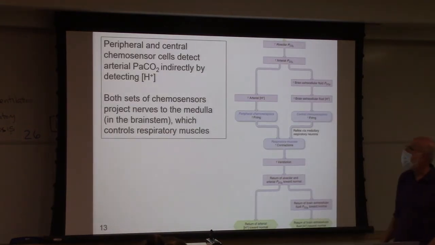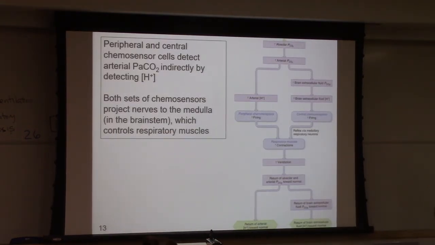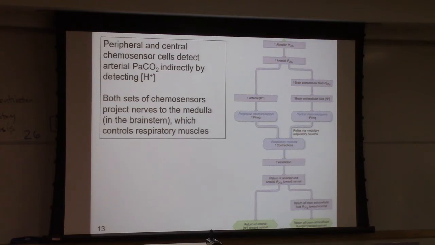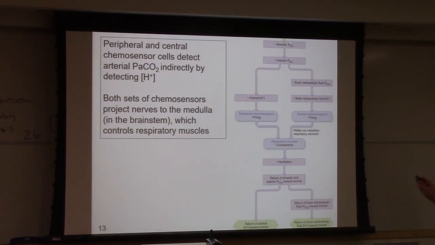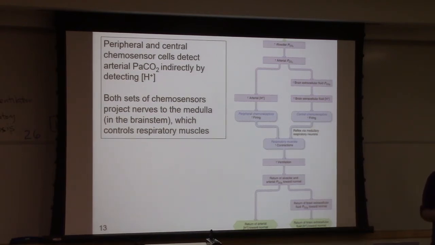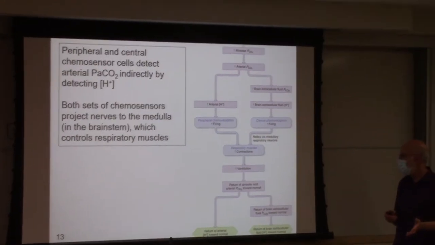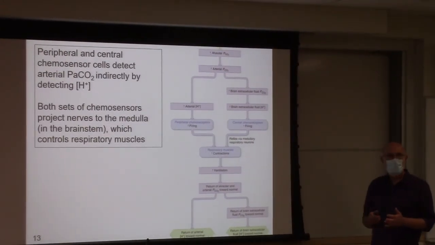So here's a flow chart from your book, because it walks us through this control. Let's say we have an increase in alveolar PCO2. Are we hypoventilating or hyperventilating?